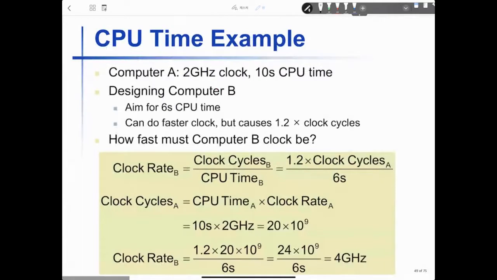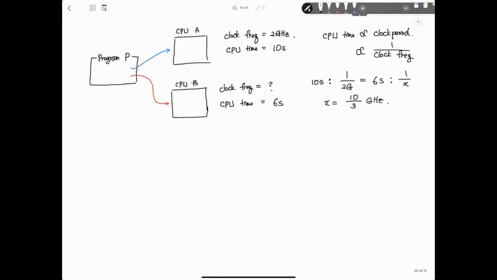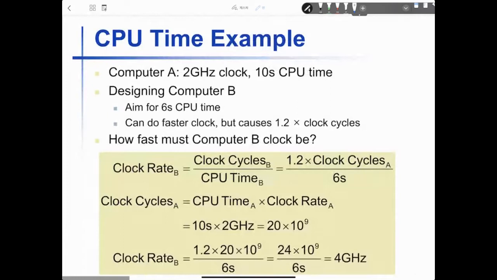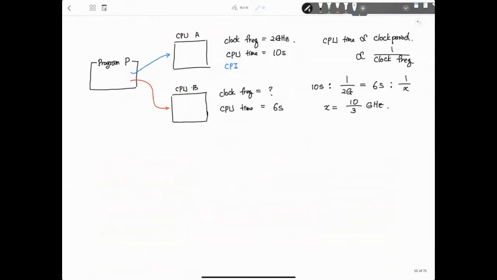Okay. So it's not this one. Now we are changing the problem. In this case, CPI was 1, and it is now increased to 1.2.